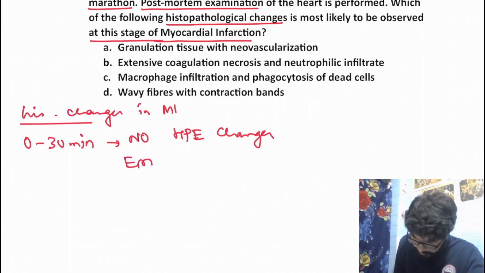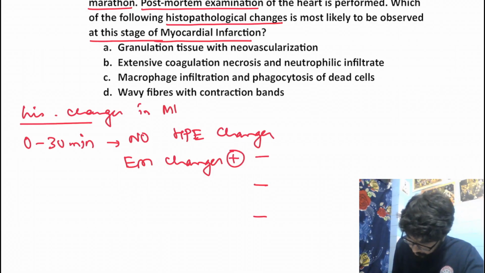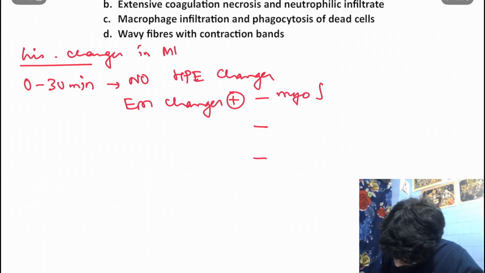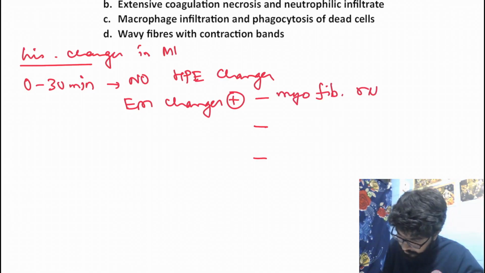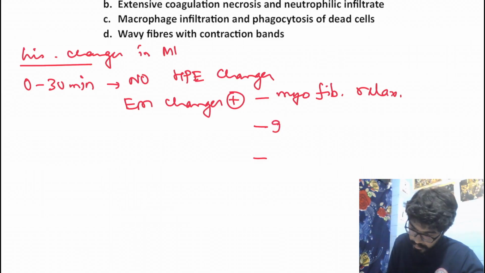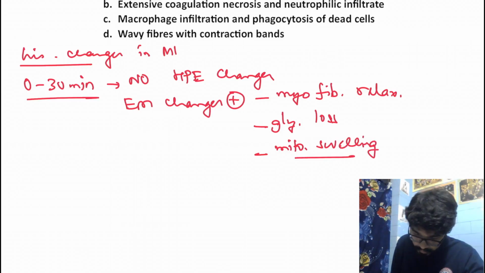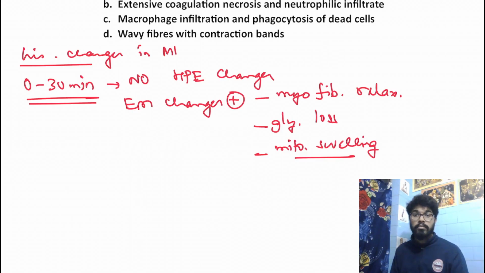We only get electron microscopy changes in the form of three things. Number one is myofiber relaxation. Then we have glycogen loss. And finally, we have mitochondrial swelling. These are all electron microscopy findings which can be seen in this time span within 0 to 30 minutes.